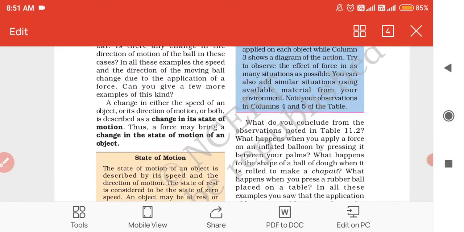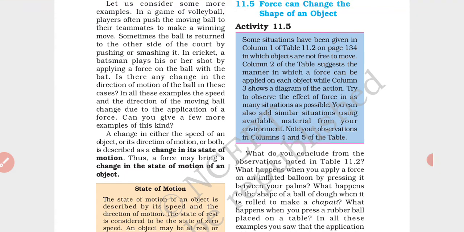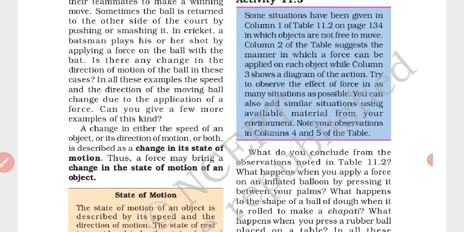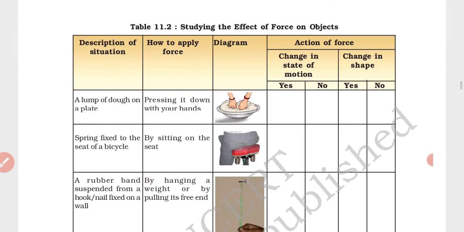So lastly, try to observe the effect of force in as many situations as possible. You can also add similar situations using available material from your environment. Note your observations in column 4 and 5 of the table. We have to note down the observation in column 4 and 5 of the table.